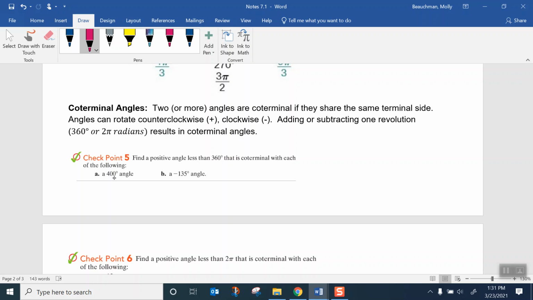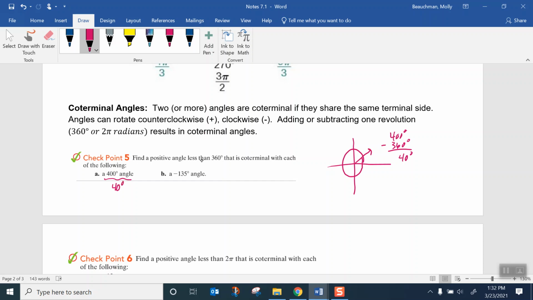So if you remember the 400-degree angle from before, if you rotate 400 degrees, you go around the circle once. So if we take 400 degrees minus 360, we're left with 40. So an angle that's coterminal with 400 degrees is also 40 degrees.